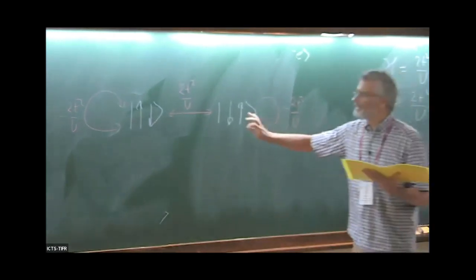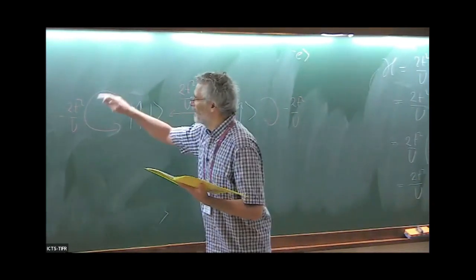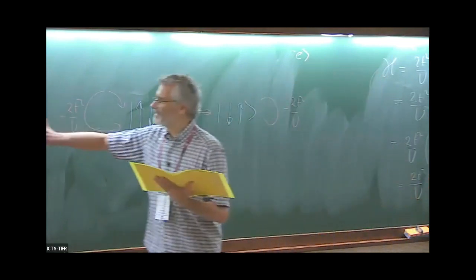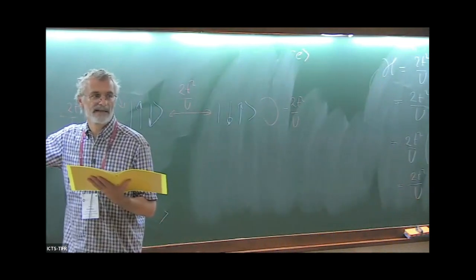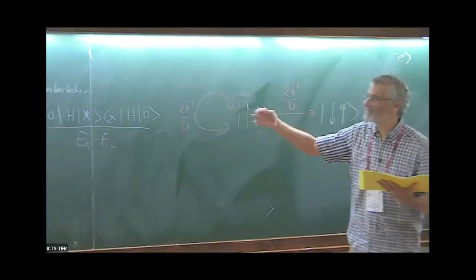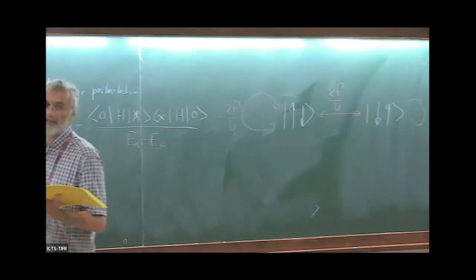So these are the processes where these red arrows come from: second order perturbation theory from the fluctuation part. Excited, virtually visiting a doubly occupied site.